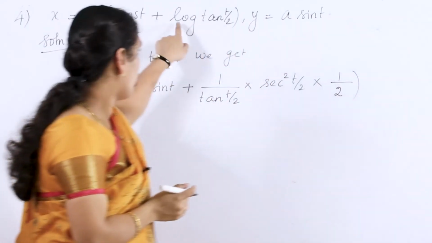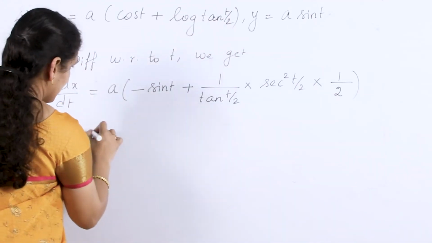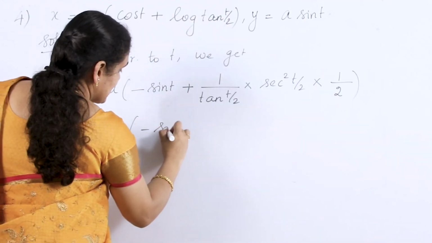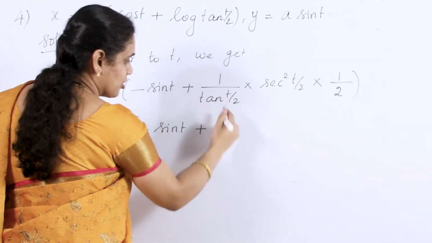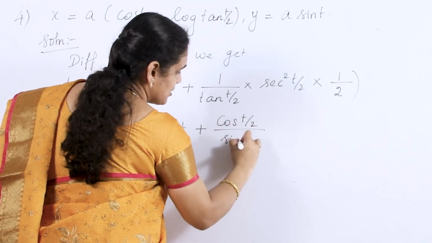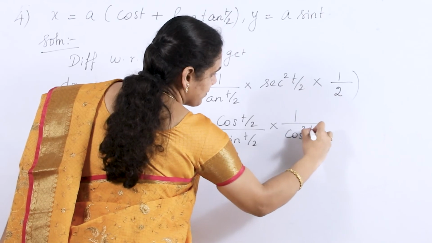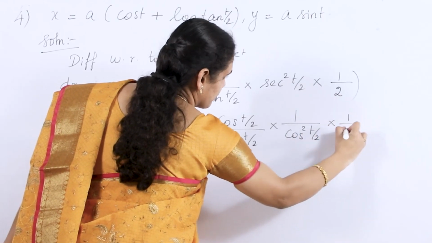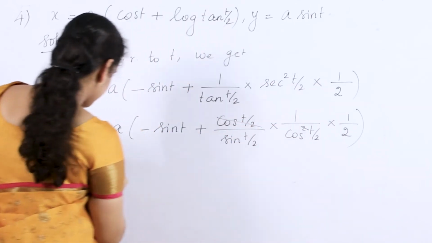First we differentiate the log and then go to tan, then t by 2. Okay, and here a times minus sin t plus, this is sin by cos, so we can write the cos in the numerator, cos t by 2 by sin t by 2 into 1 by cos square t by 2 into 1 by 2. Okay, and this gets cancelled.